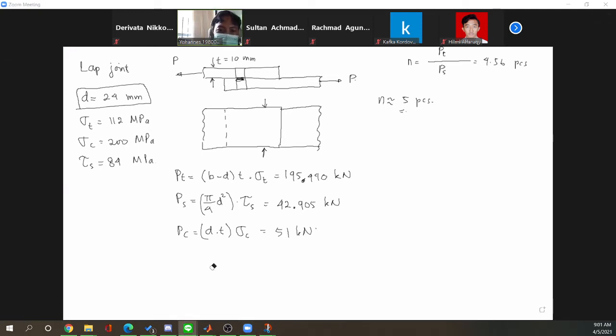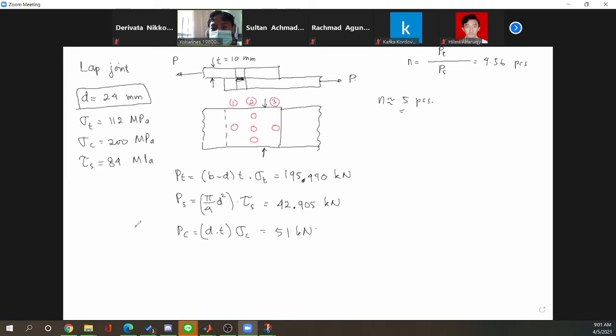Then we put one rivet at the end of the joint. Then we have 3 remaining. We put them in the middle. So this is the first row, this is the second row, and this is the third row.